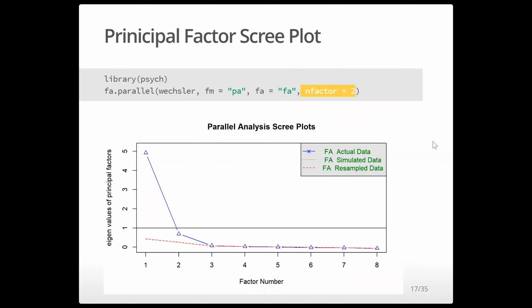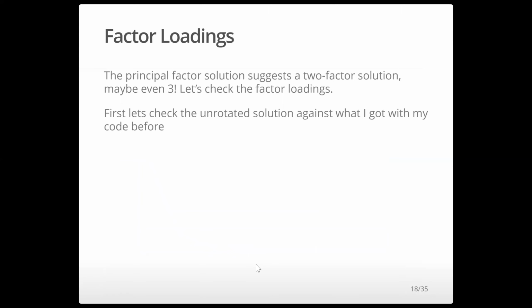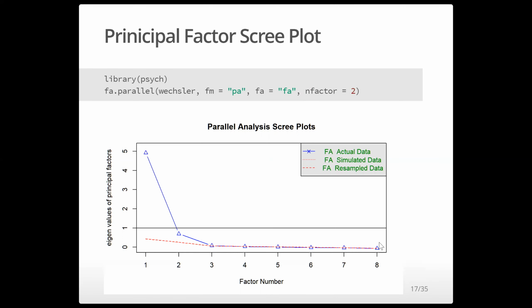So this principal factor solution definitely suggests there are at least 2 large eigenvalues larger than the simulated parallel analysis, and maybe even a third. The third one is borderline. I mean, the rest of them are borderline. They're pretty much right along this line.